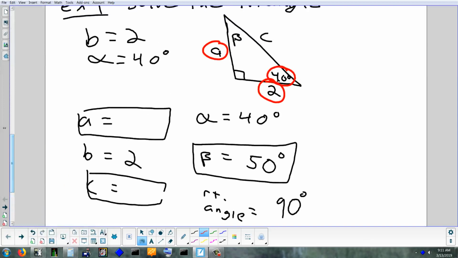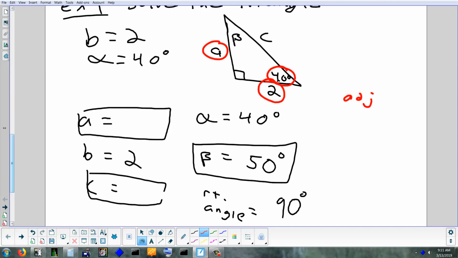When I say name, you have 3 choices: opposite, adjacent, hypotenuse. Let's start with the 2. From the perspective of the 40, is the 2 opposite, adjacent, or hypotenuse? It's adjacent. It's right next to the 40.